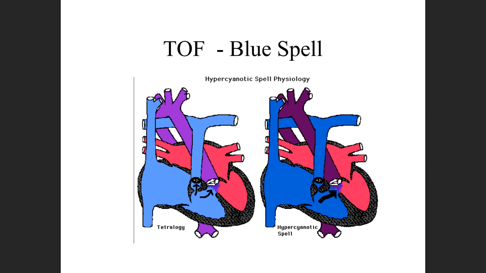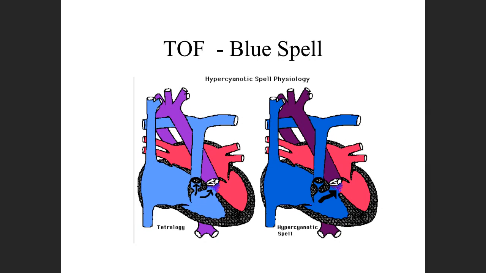So this is what happens in hypercyanotic spells. It's also called an infundibular spasm because of the spasm of that muscle below the pulmonary valve. And what you will notice in the patient, and usually it's a small child, is that the child will start to cry and you're unable to console the child.